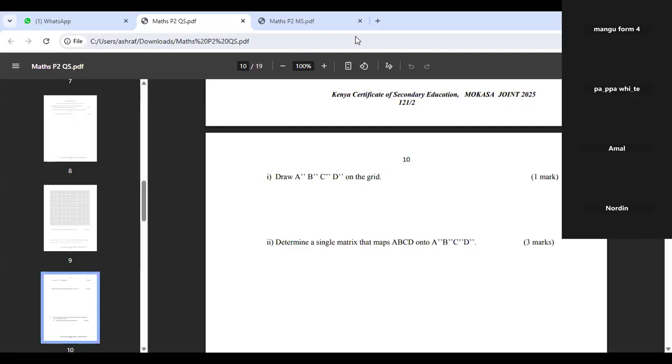Try to participate. It's revision. It doesn't matter if you get it right or wrong. If you have an object and you have an image, how do you get the matrix of transformation?